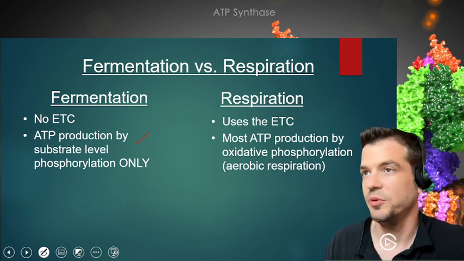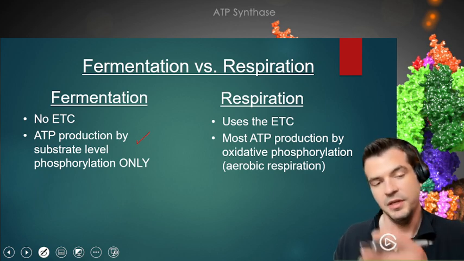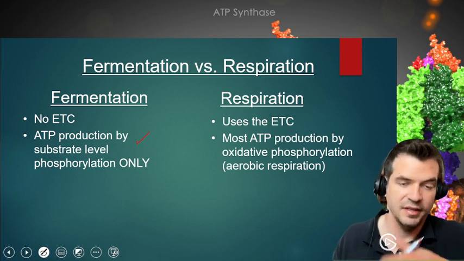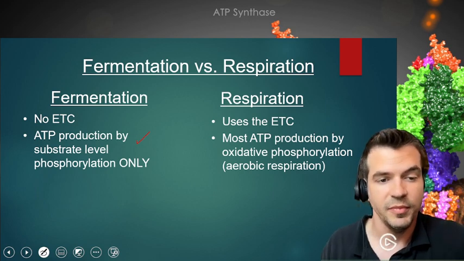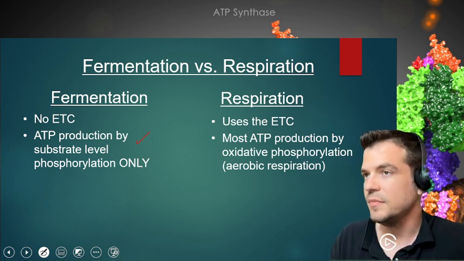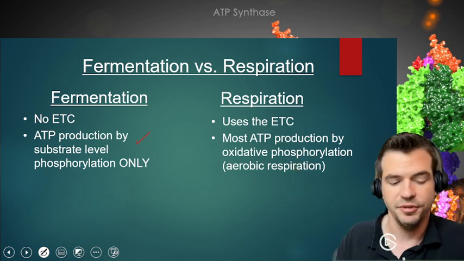In respiration, we use that electron transport chain that we talked about, the dam analogy. We pump protons and then we let them flow back down through our pump and our machine so we can turn a turbine. That means we get most of our ATP through oxidative phosphorylation.